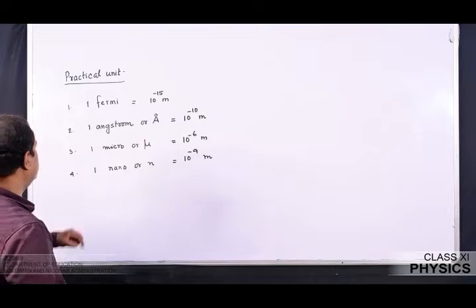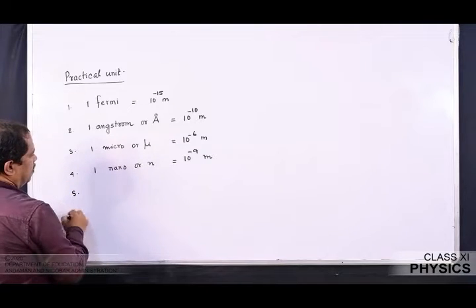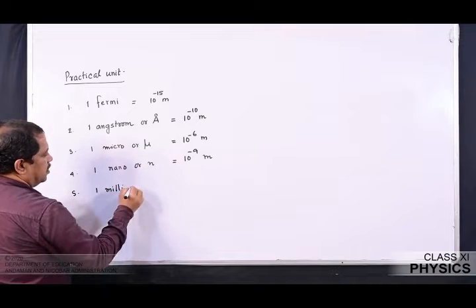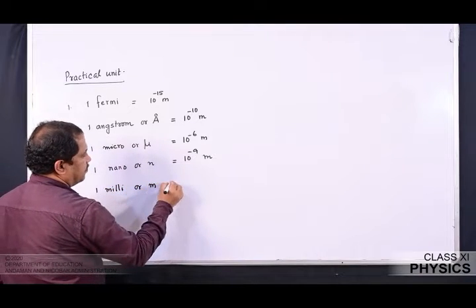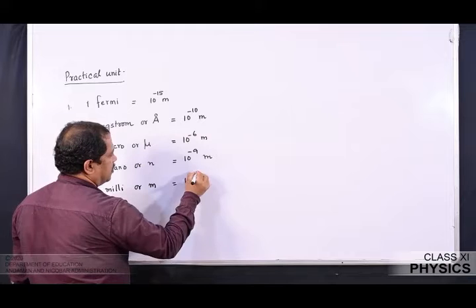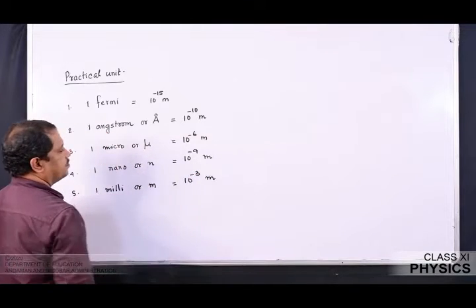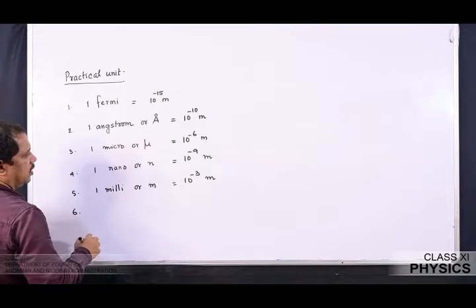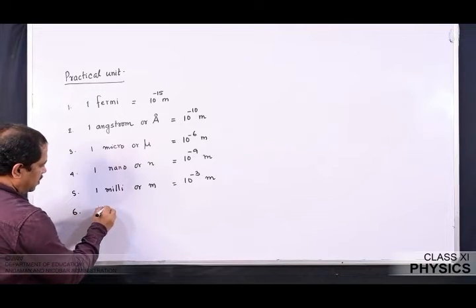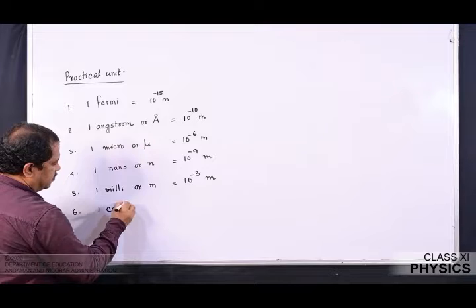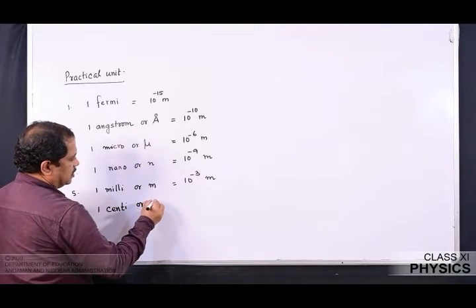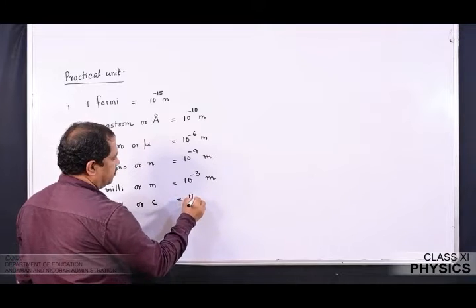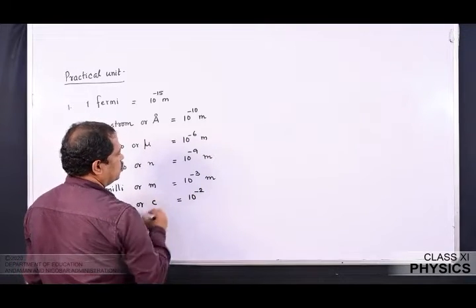Then comes the fifth, 1 milli. In short, we write small m, which is 10 power minus 3 meter. Then the sixth one, at times we also come across 1 centi, or small c is the abbreviated form, and this happens to be 10 power minus 2.